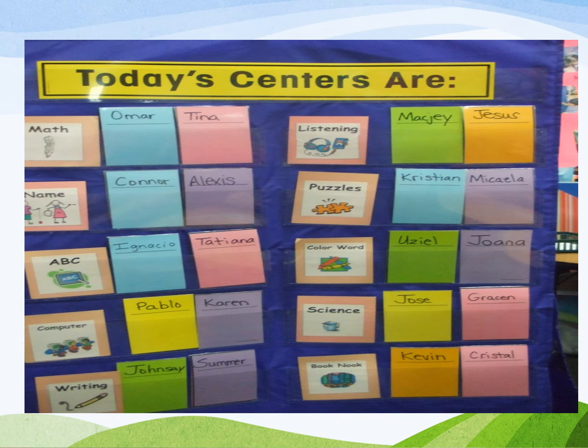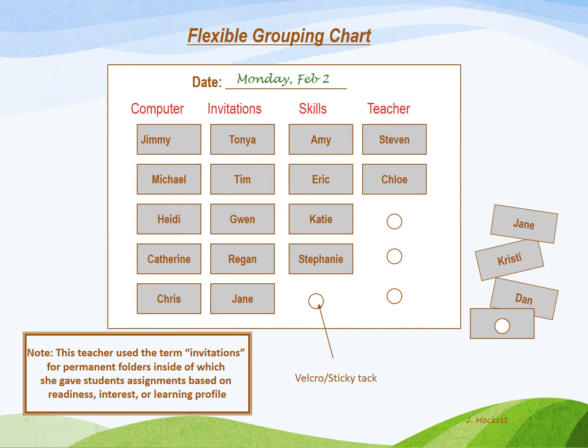Pocket charts like this one are a good way to designate groups. If you don't have a pocket chart, creating a display using laminated cardstock and Velcro works well too.